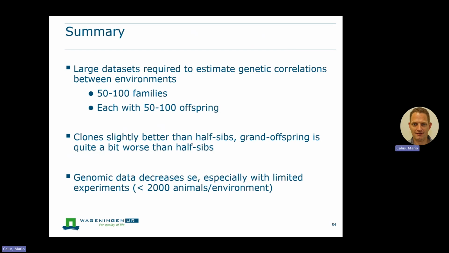Clones may be better theoretically than half-sibs, but if the family sizes are substantially large, then half-sibs are quite okay. And grand offspring is quite a bit worse than half-sibs. And finally, with genomic data, we can decrease the standard errors quite a bit, especially with limited experiments, so if there are fewer than a few thousand individuals per environment.